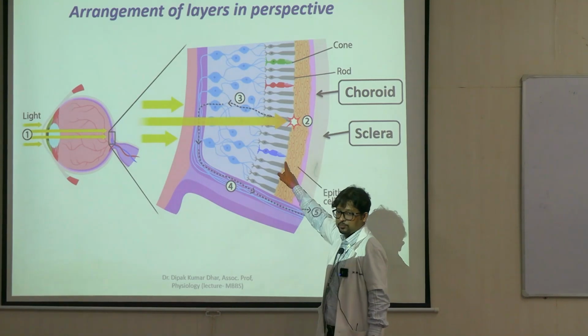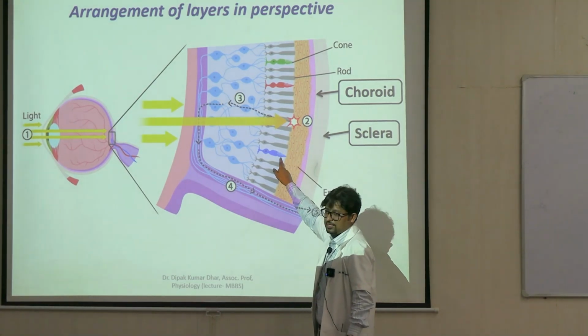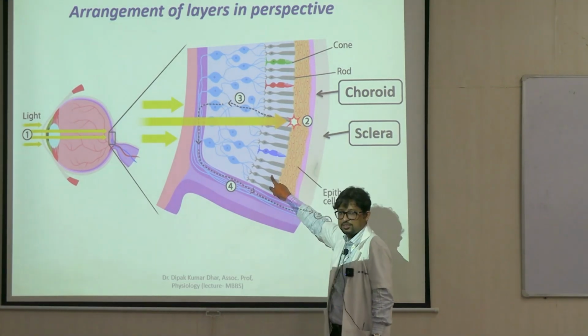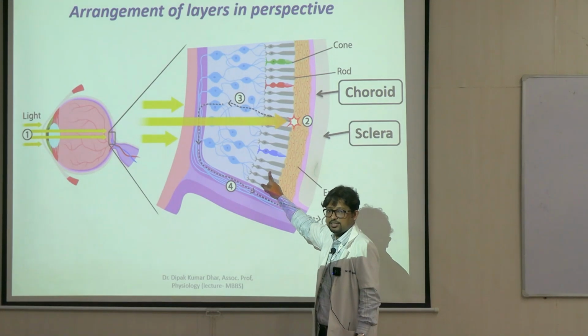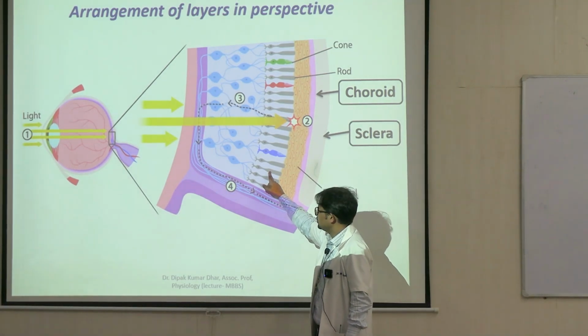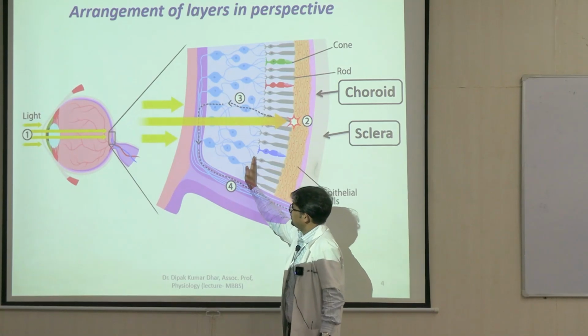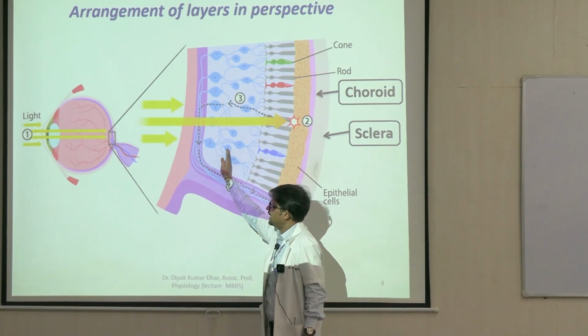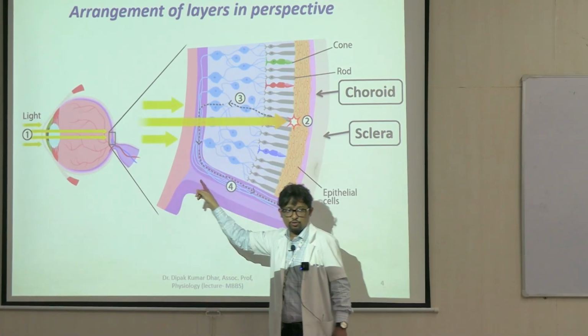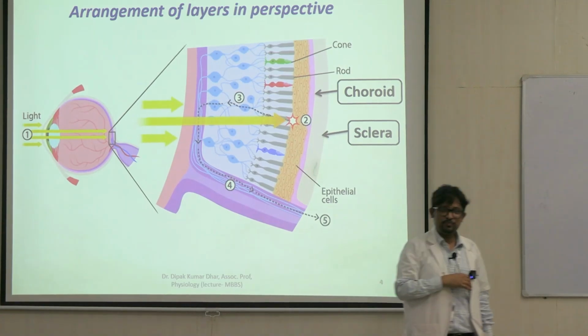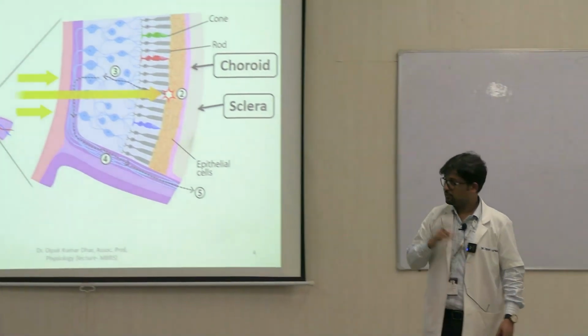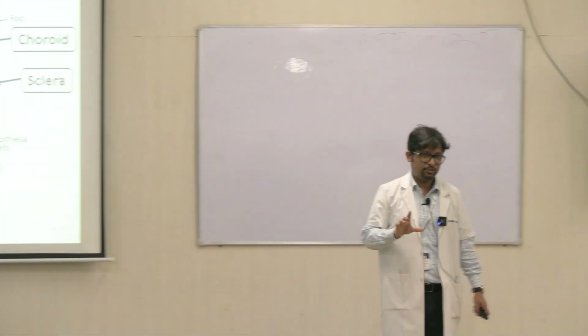You have the receptors here, and this is the point where signal transduction will start. So signals once formed, electrical signals, they will again go on transmitting like this, and finally output from the retina is carried by the optic nerve, right? So this is one important perspective that you should have.